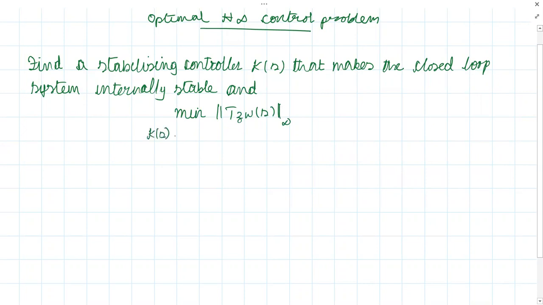Stabilizing K of S we have to find. Find a stabilizing controller K of S that makes the closed loop system internally stable and minimizes the infinity norm of the signal between W and Z.